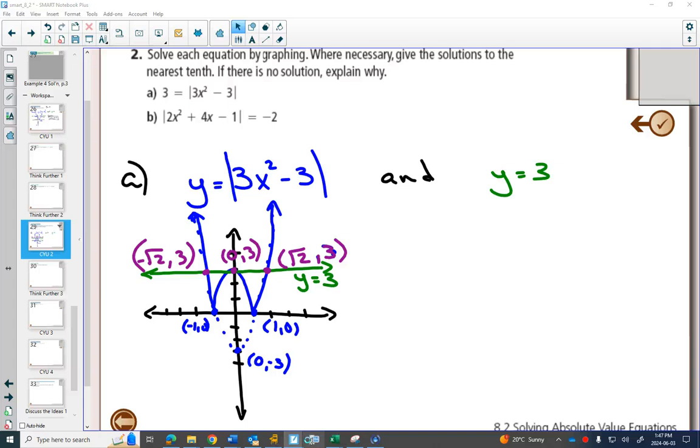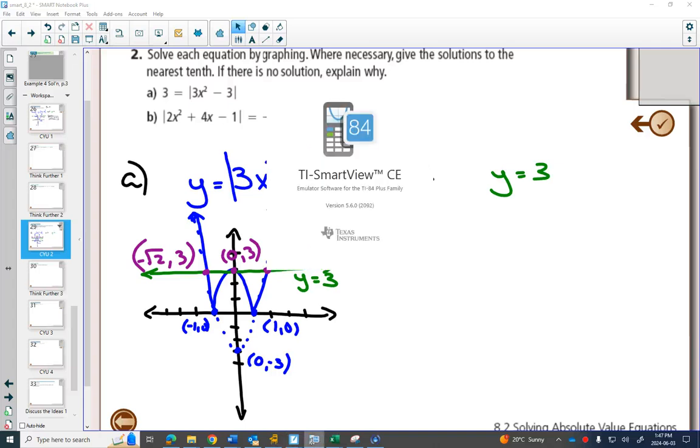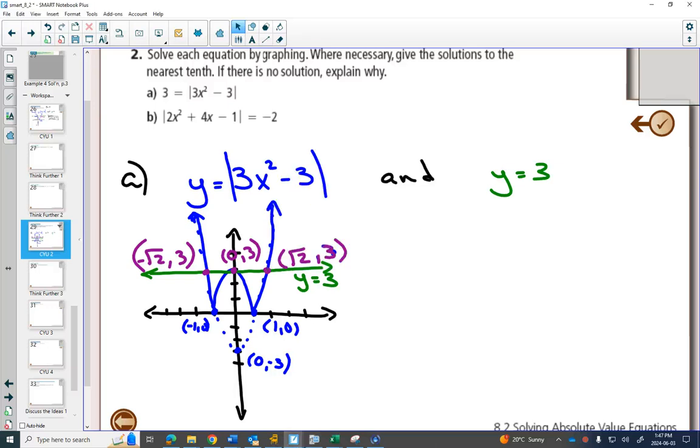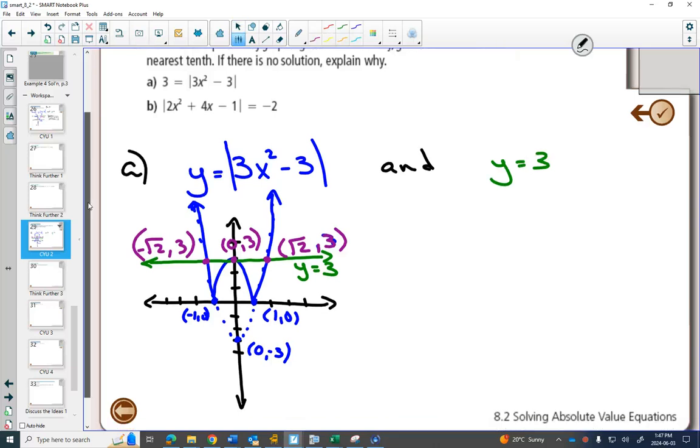So I'll show you how to do that. For those that don't have a graphing calculator, you can also solve this by using Desmos. That's a really good app. But while we're waiting for the graphing calculator to get ready, we'll also start question B.